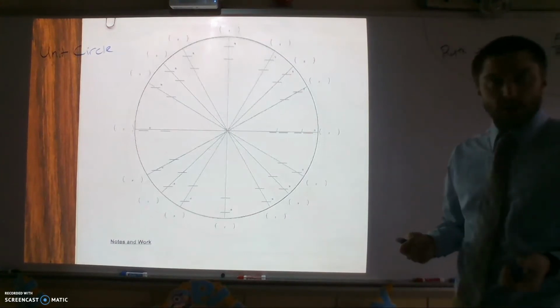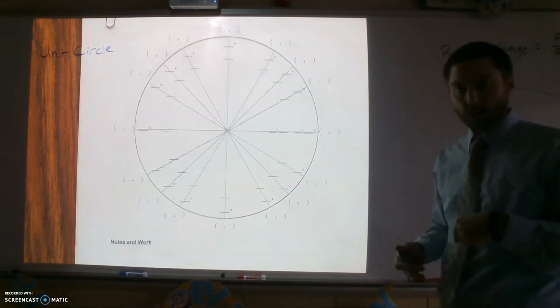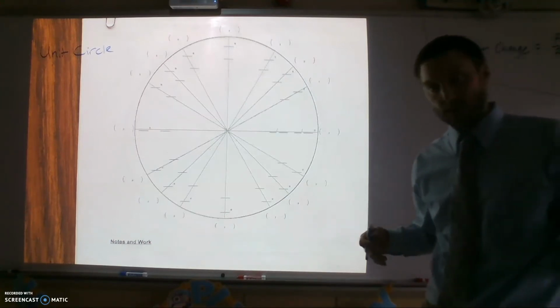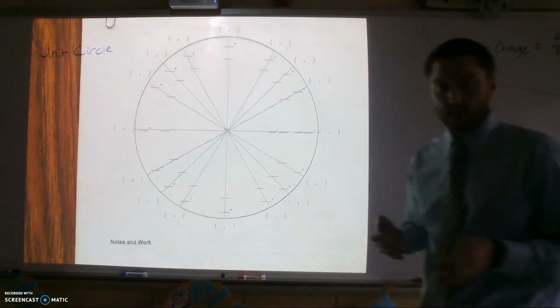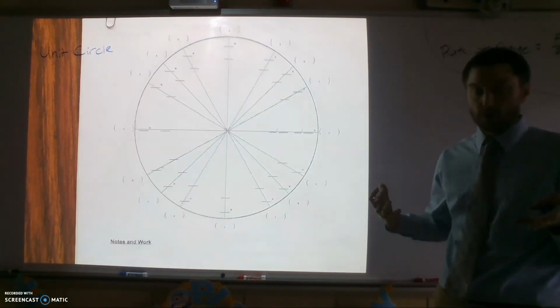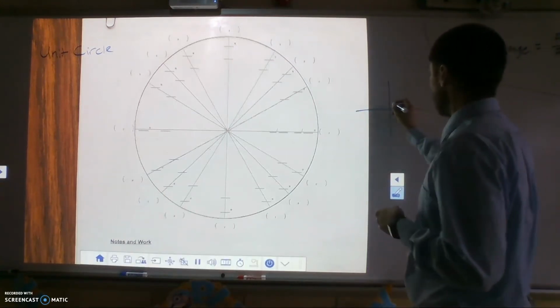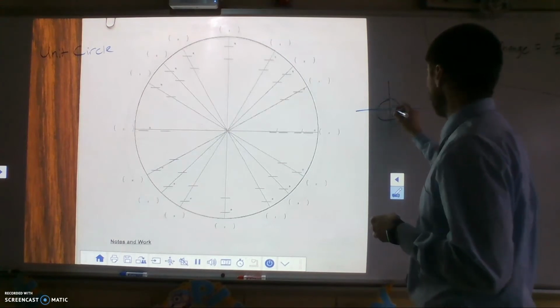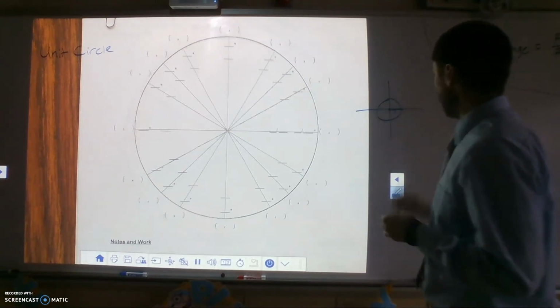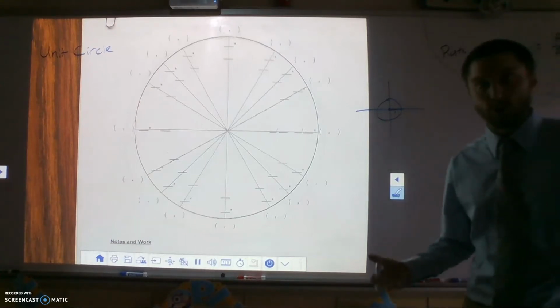And the unit part is because the radius of this circle is 1 unit. So it could be 1 foot, 1 centimeter, 1 meter, but the radius is 1 unit. And it's centered at the origin. So it's the most basic circle that you could possibly draw. So if I was going to graph this, here it is. The radius is 1 and it's centered at the origin. Okay? It's called the unit circle.